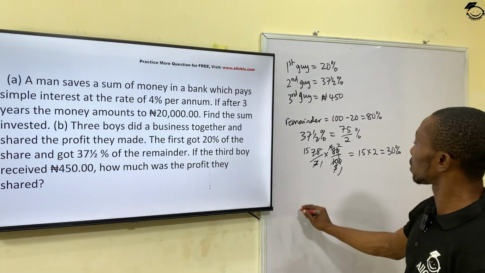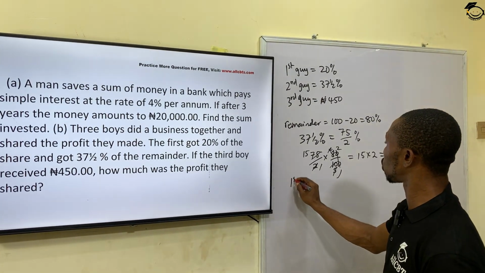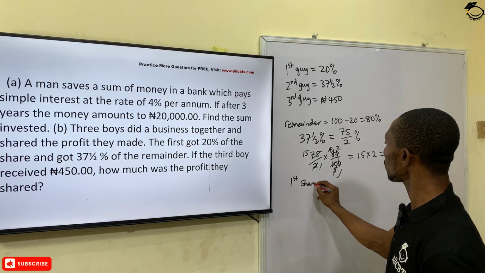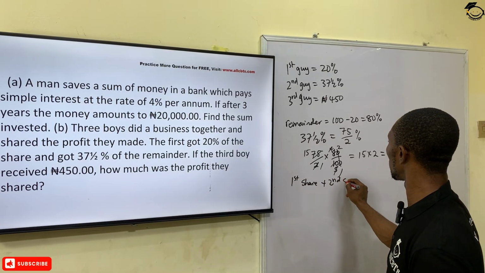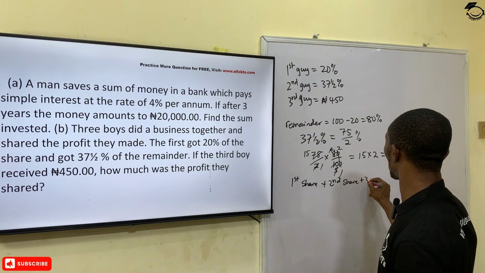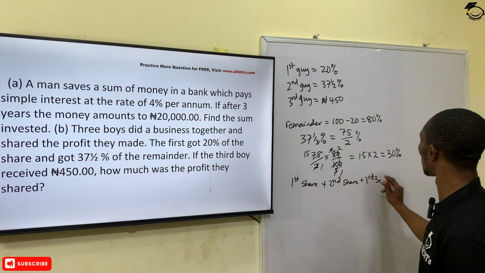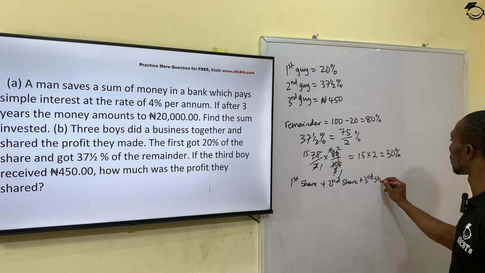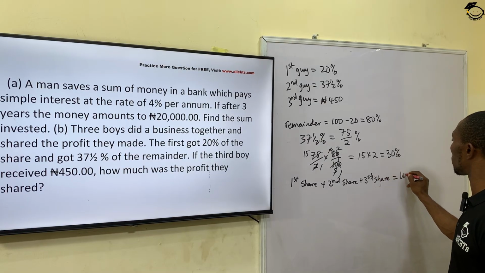But now we know that the first share plus second share plus third share, the 3 shares will sum up to 100%.